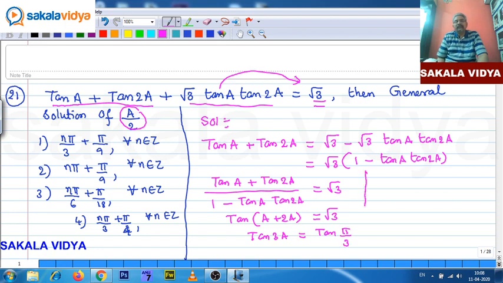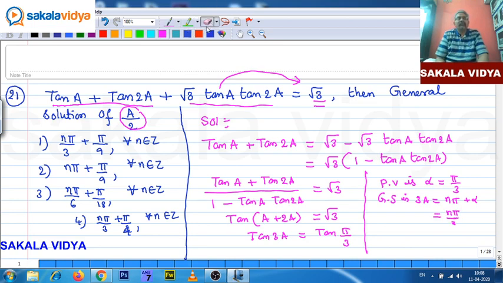That means the principal value alpha is equal to pi by 3. Now let us write the general solution: 3A equals n pi plus alpha, which is n pi plus pi by 3.